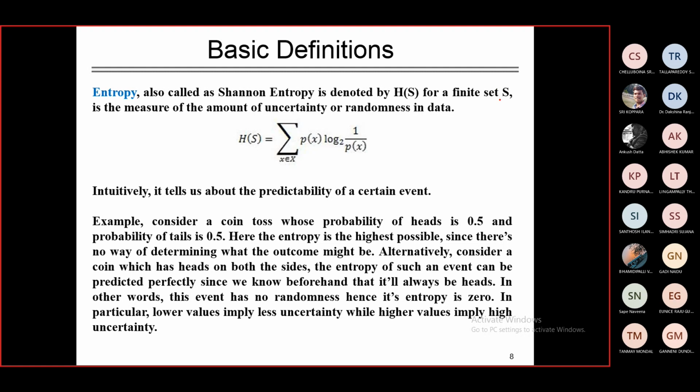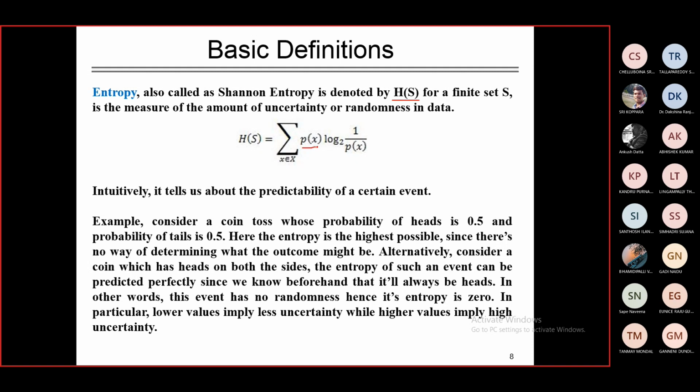On the data set we can get the entropy, denoted by H(S), and it is the measure of the amount of uncertainty or randomness in data. The entropy is given by H(S) = summation over P(x) log of 1 by P(x).